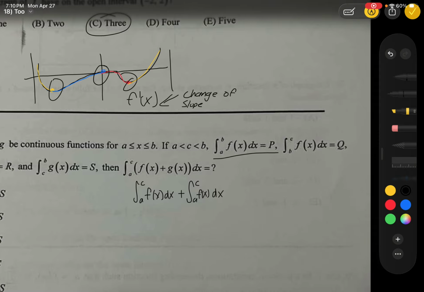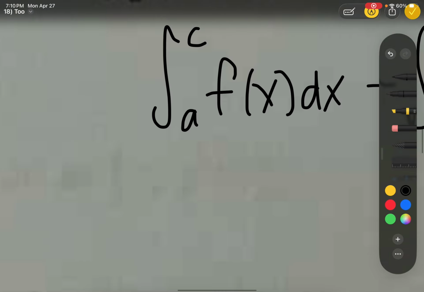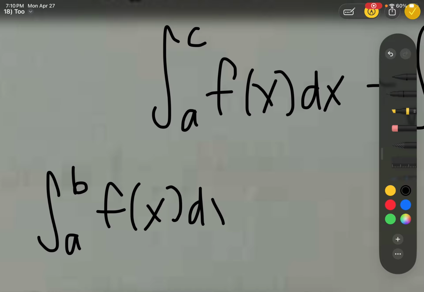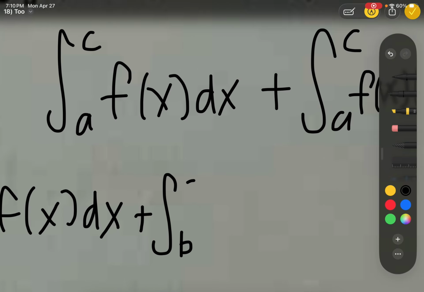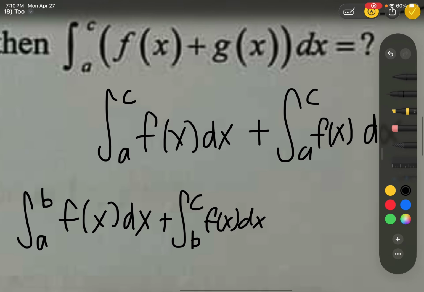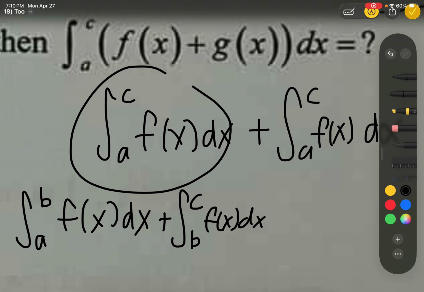So from a to b, let's split this integral actually. So it's going to be from a to b f of x dx plus b to c f of x dx. I'm literally splitting up this integral into its 2 baby integrals right here, just to clarify with you guys.